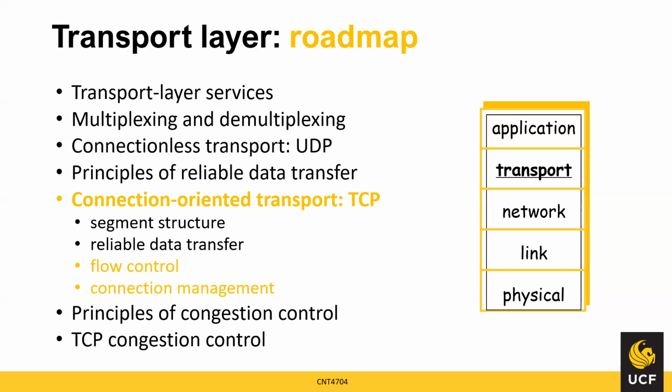Flow control itself ensures that the sender does not overwhelm the receiver. So it's about matching the data rates. And connection management is primarily the handshakes that we're going to discuss, and it talks about the connection that happens before data is sent. So we're going to take a closer look into each one.